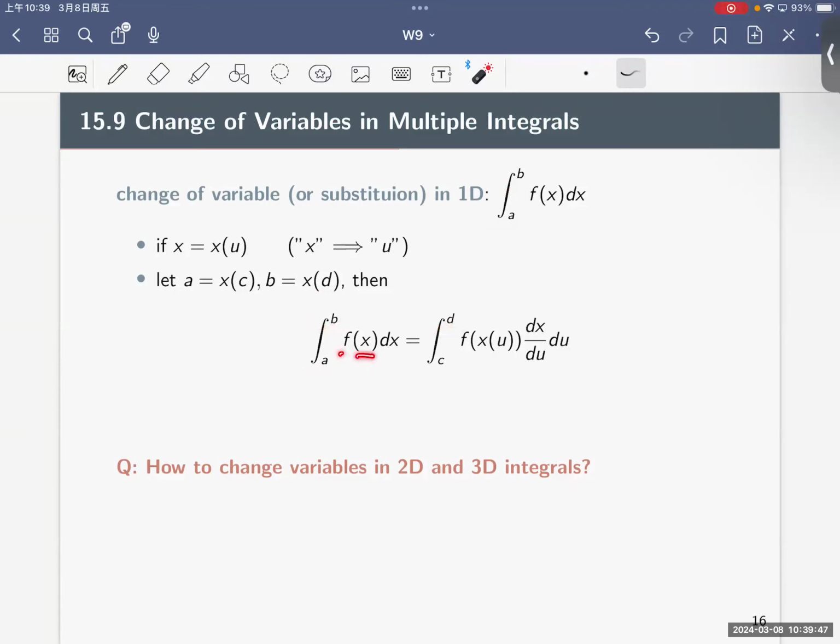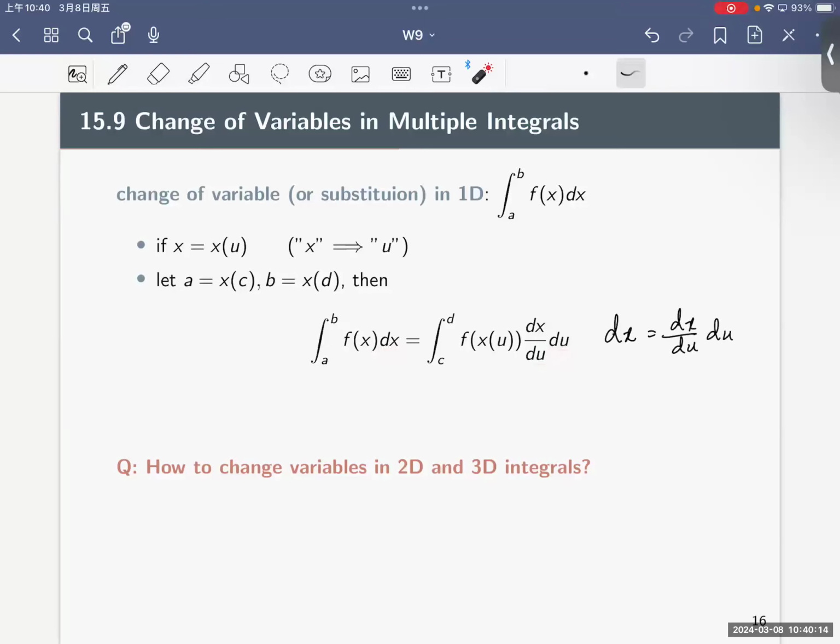And f of x, because x is a function of u, is now f of x(u), a function of u. And because x is equal to x(u), dx is equal to the derivative of x with respect to u, times du. So in the place of dx, I have dx/du du.